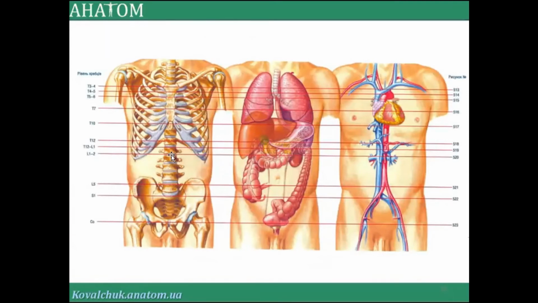topography. Topography of internal organs includes skeletotopy, syntopy, and holotopy. Skeletotopy is where different organs are located near the skeleton, near the ribs, for example.